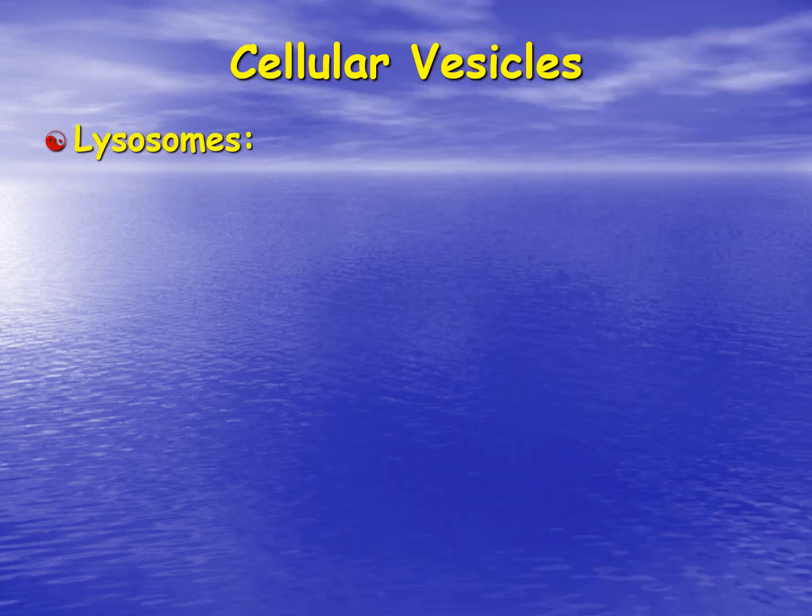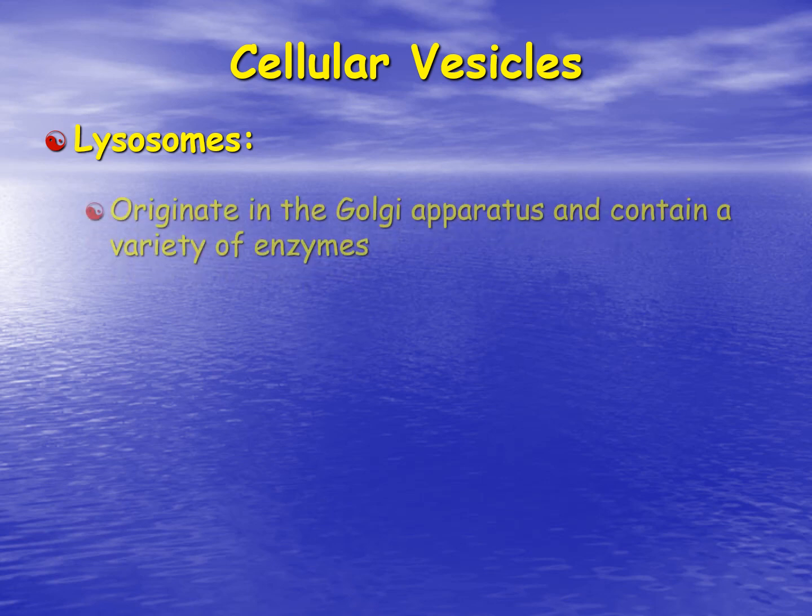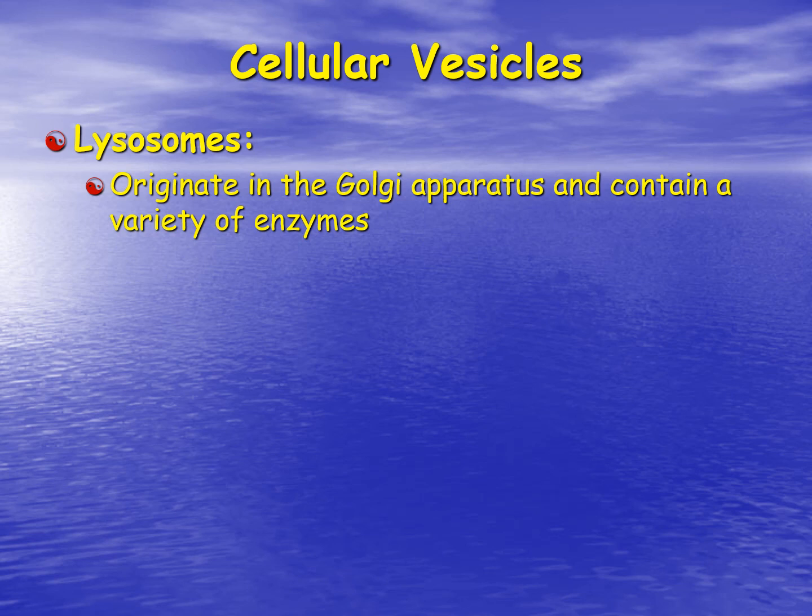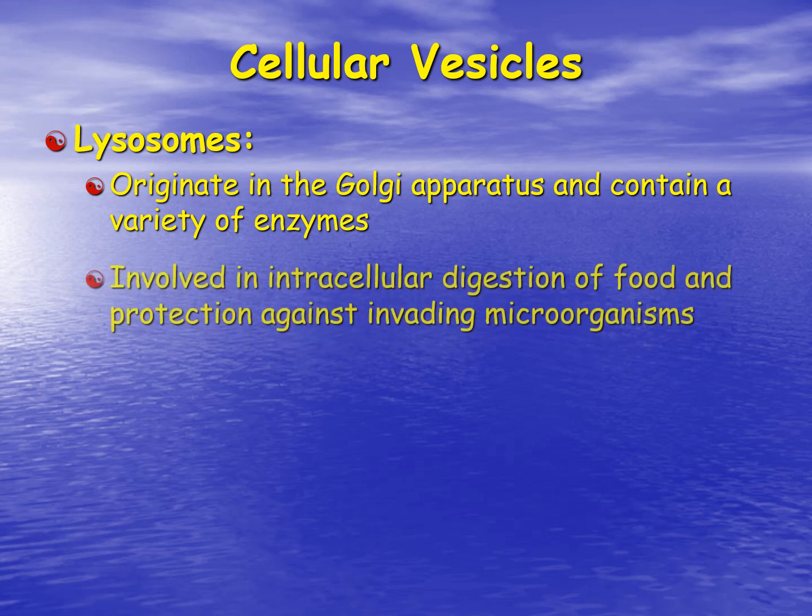Cellular vesicles can contain several different things, and oftentimes just looking at a picture, I can't tell you exactly what the vesicle is until I know what it actually contains. One of the most numerous of the cellular vesicles is the lysosomes. These originate in the Golgi apparatus and contain a variety of digestive enzymes.